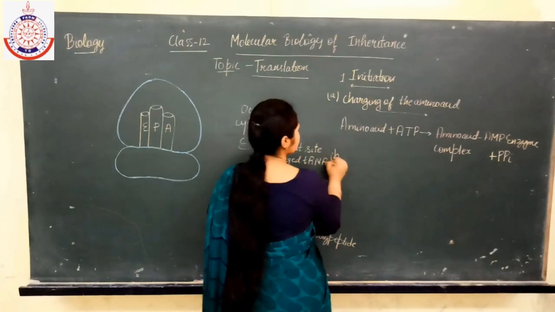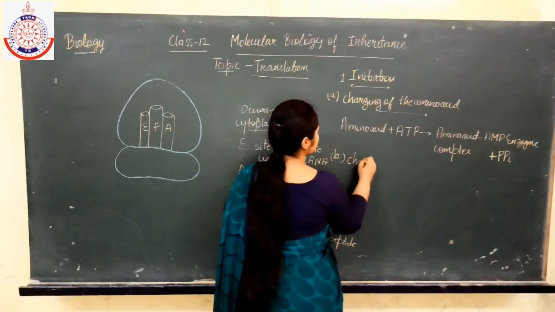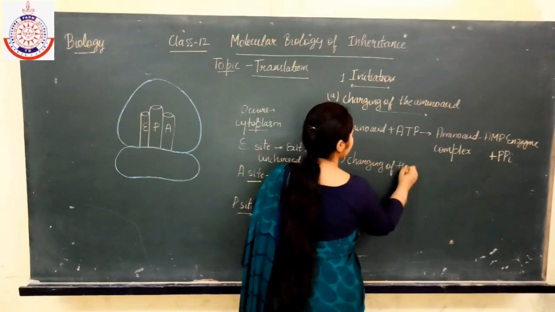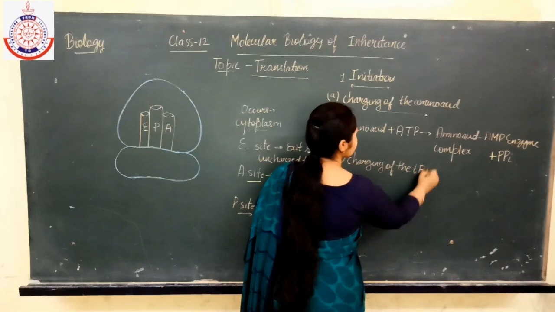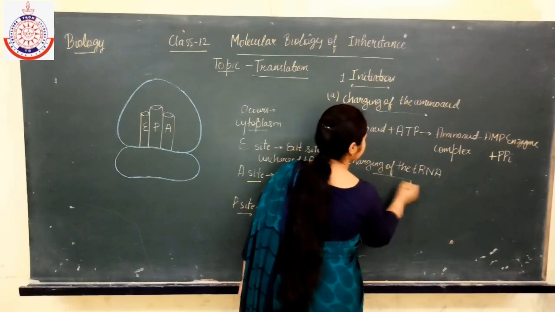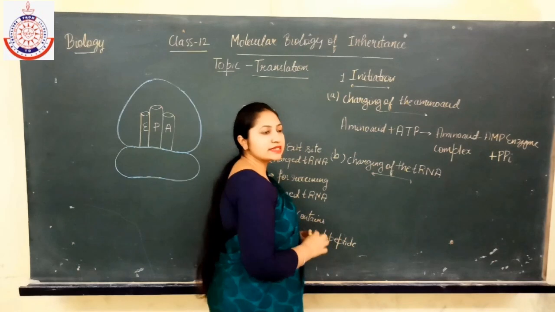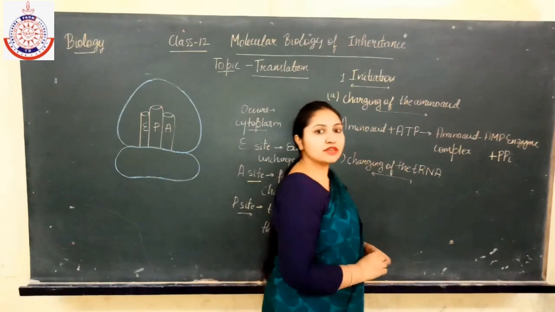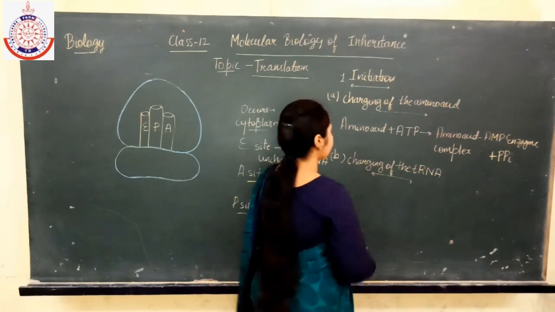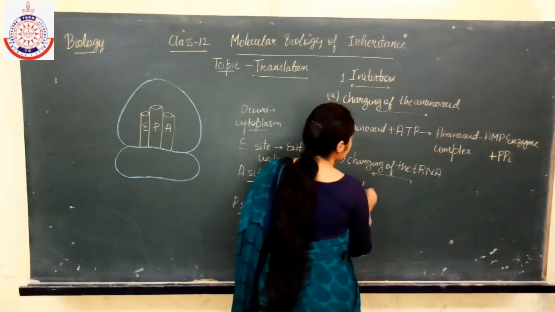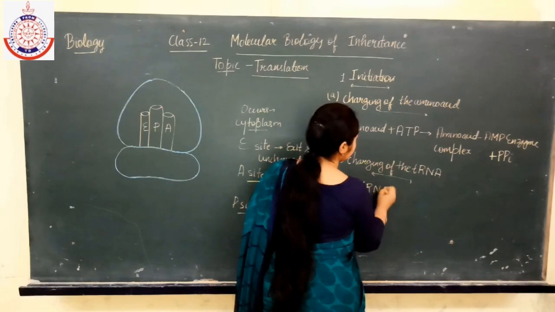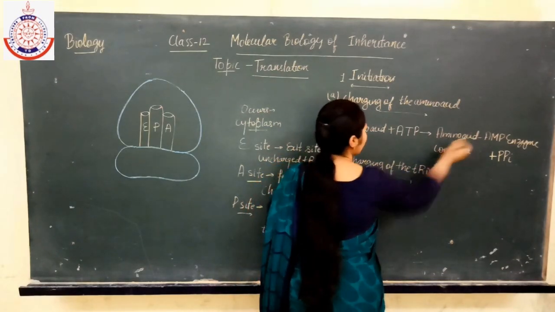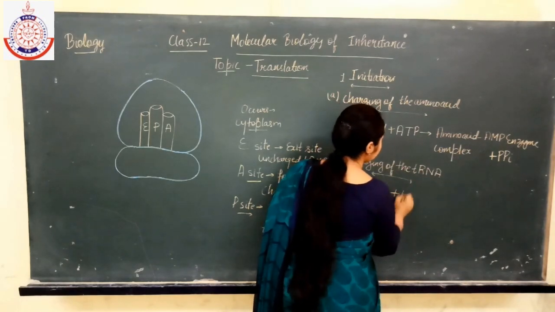Now the second process is the charging of the tRNA also, because the ribosomes receive only the charged tRNA. Okay, so tRNA plus this amino acid AMP enzyme complex.